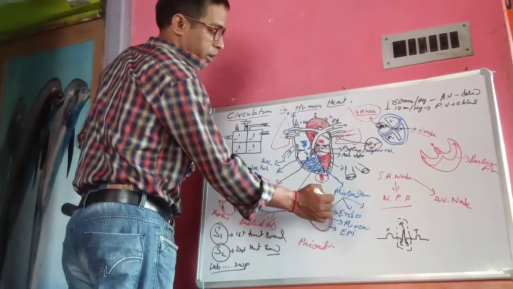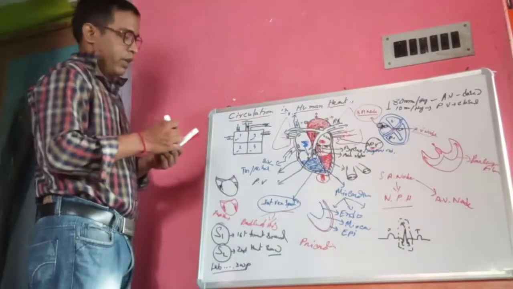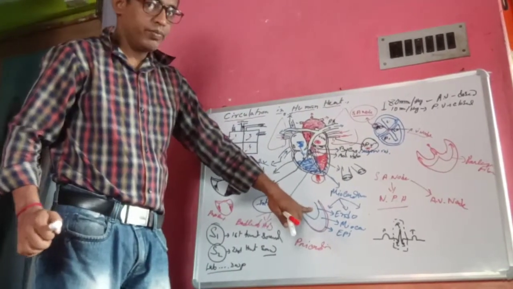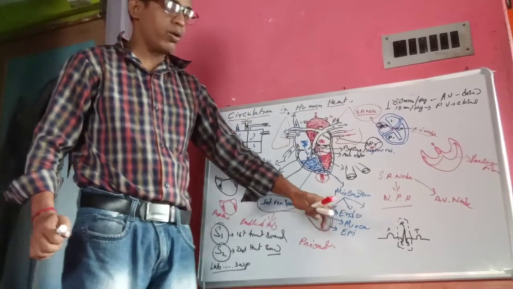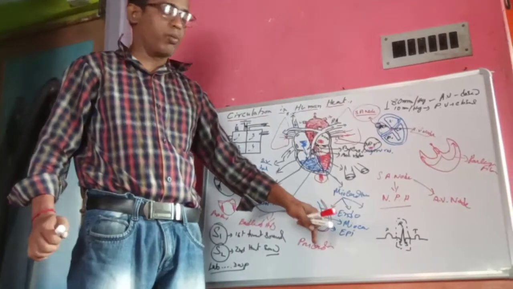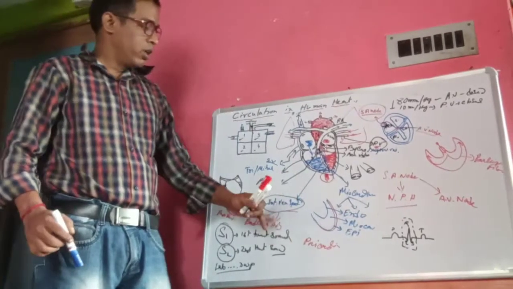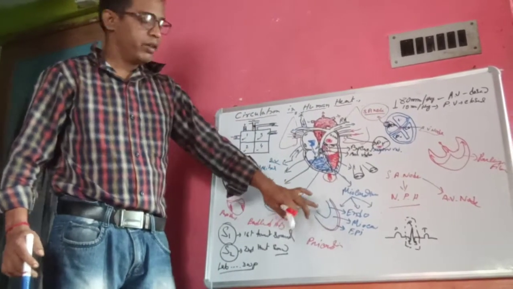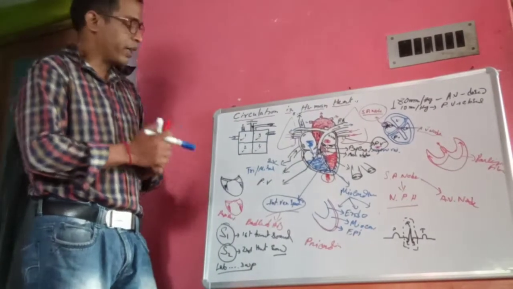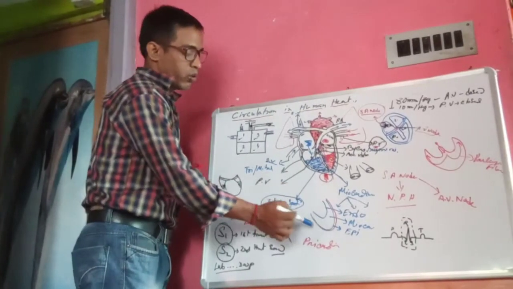Now, the heart wall has three parts. The innermost part is called endocardium, the middle portion is called myocardium, and the outer portion is called epicardium. Another layer is attached to this epicardium, this outermost part.